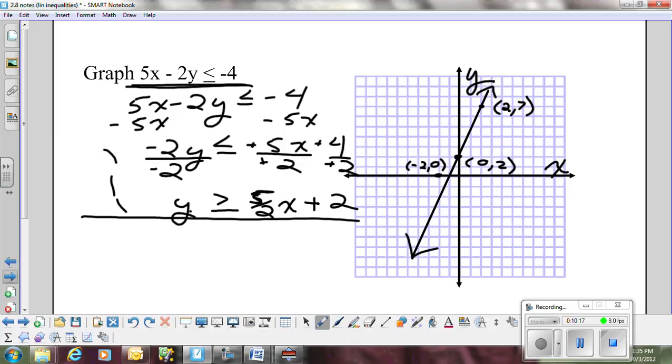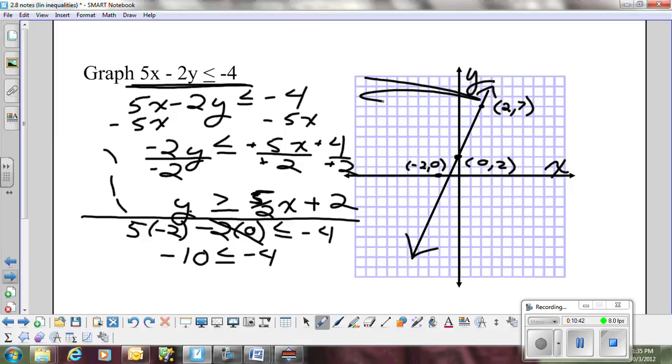So I say 5 times -2 minus 2 times 0 is less than or equal to -4. Well, 2 times 0 is 0. 5 times -2 is -10. Is -10 less than or equal to -4? Yes. Absolutely. So this would be the side I would shade.